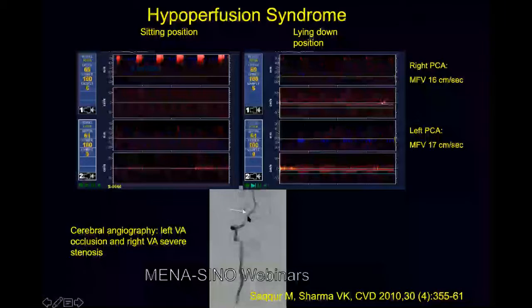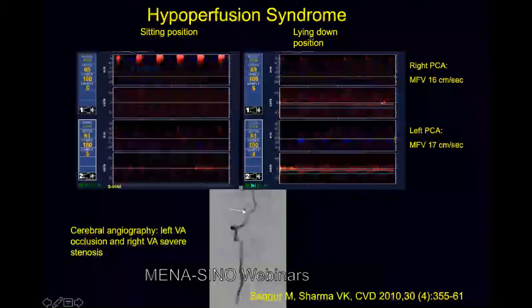This is an interesting patient, as you see. He has a right vertebral stenosis, and the left vertebral artery is very much absent. So he has severe posterior circulation intracranial atherosclerotic disease. The left vert is occluded, the right vert is severely stenosed.